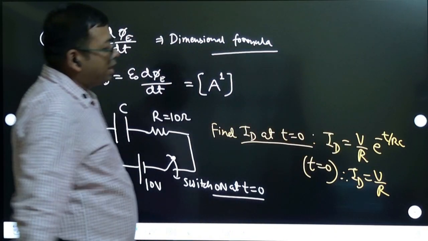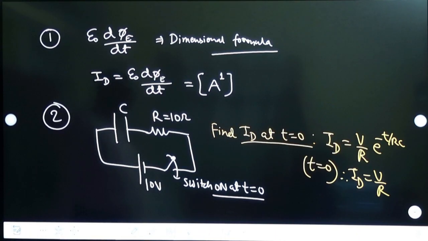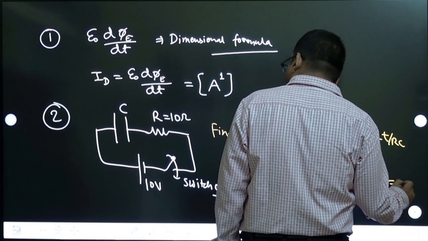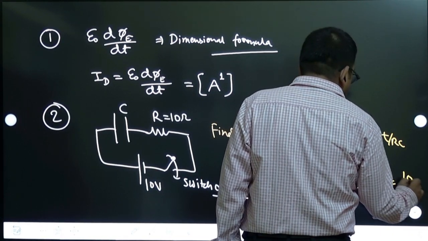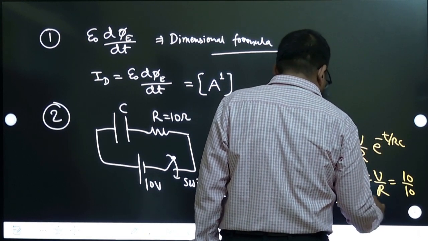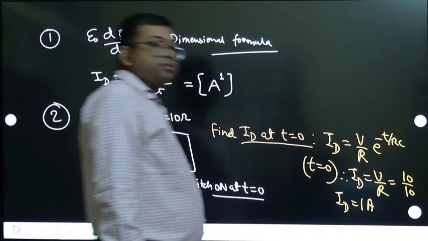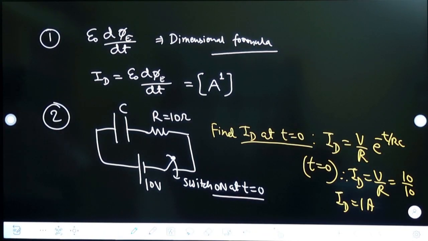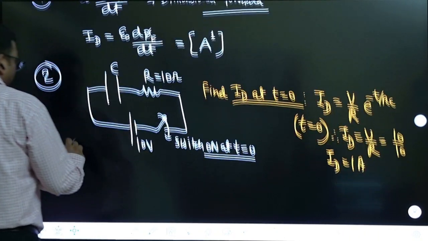Now let us substitute. Voltage is 10 and resistance is also 10. So displacement current becomes 1 ampere. Correct? Yes. Okay, done. Move. If you have any question, ask.